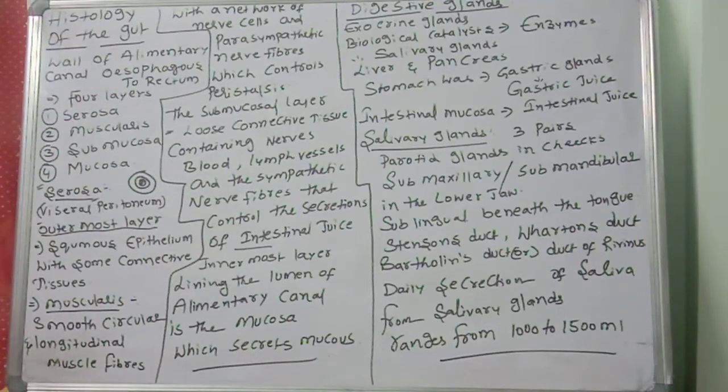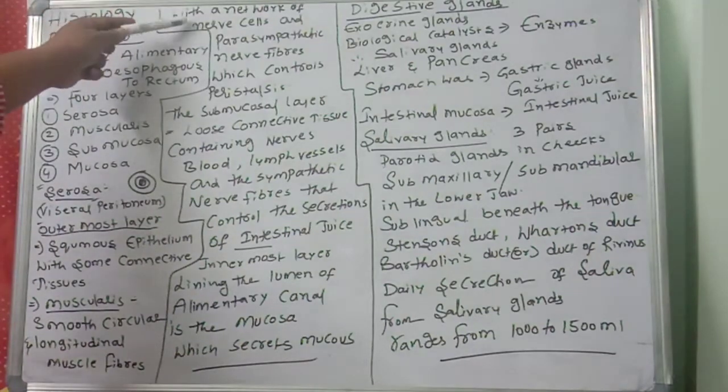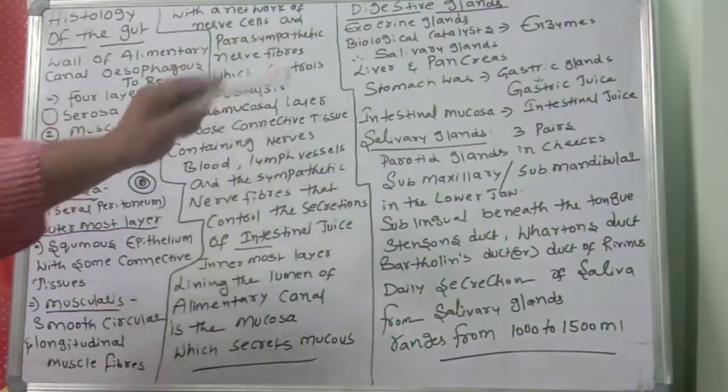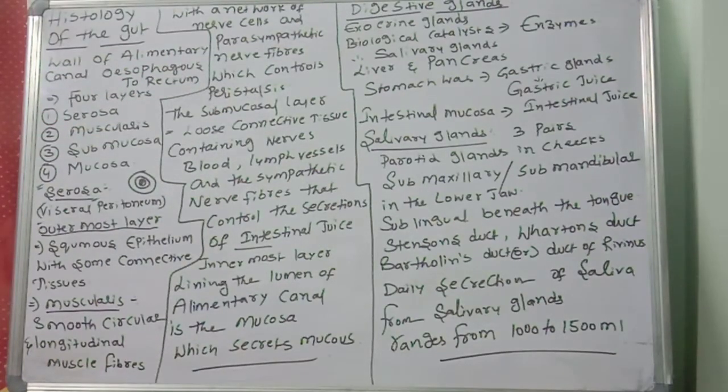What is the meaning of peristalsis? The contraction and relaxation movement in the alimentary canal. The muscle fibers are smooth, not in our control. Peristalsis helps in the movement of the food.